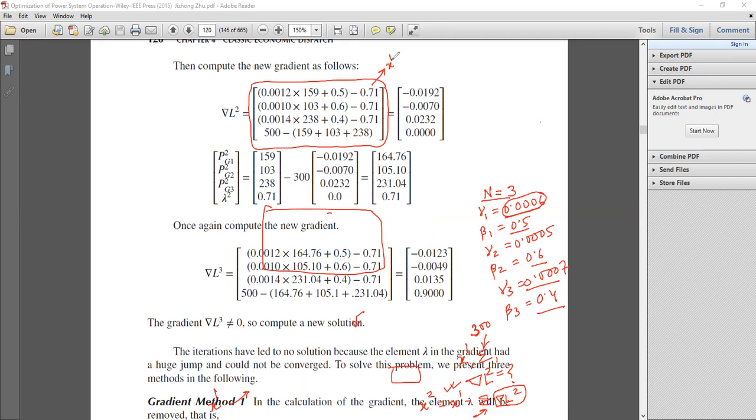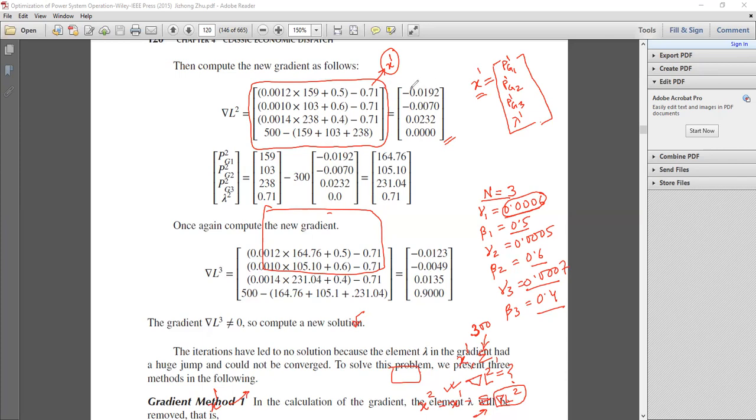This is what you have to remember. And x1 is nothing but a vector of size n plus 1: PG1 1, PG2 1, PG3 1, and lambda 1. So this thing is purely a function of x1. Once you calculate this, this is the outcome.